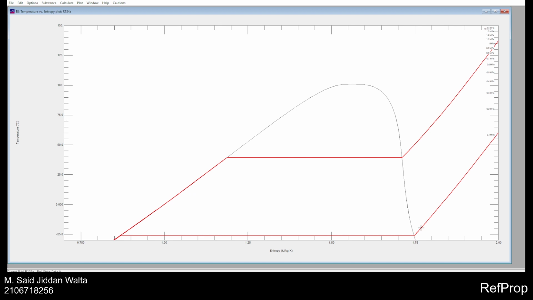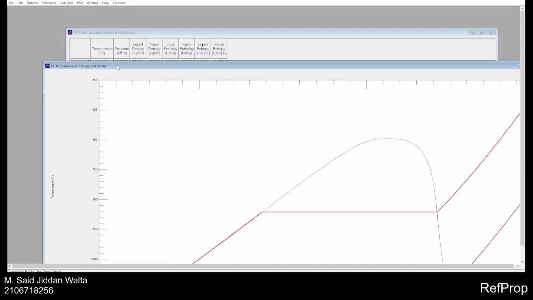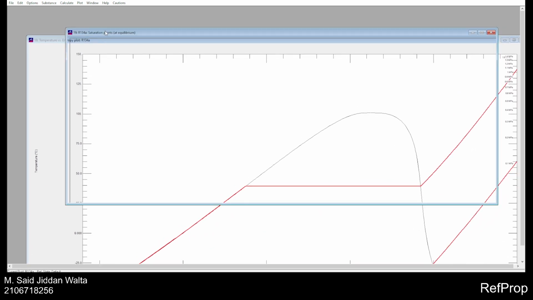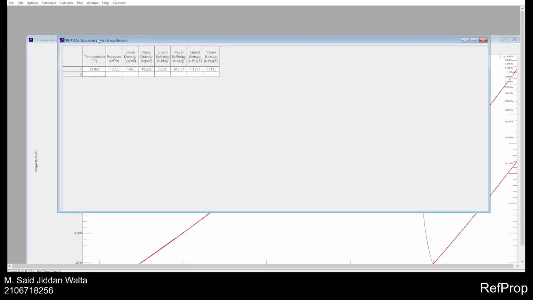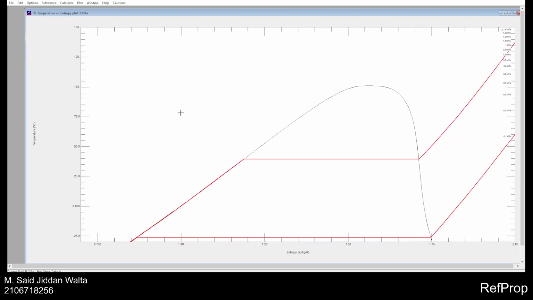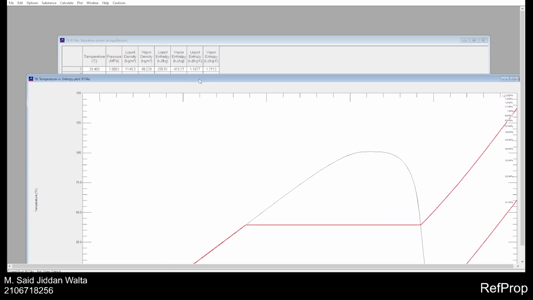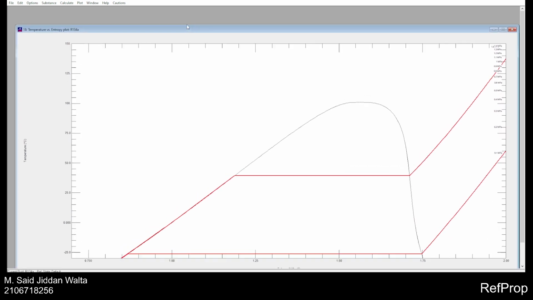So first, we can already calculate the enthalpies that is given for the third point, which is over here. And we already did that by using the saturation points at equilibrium, where we know that the problem states at this point, the refrigerant is already at fully saturated liquid form.